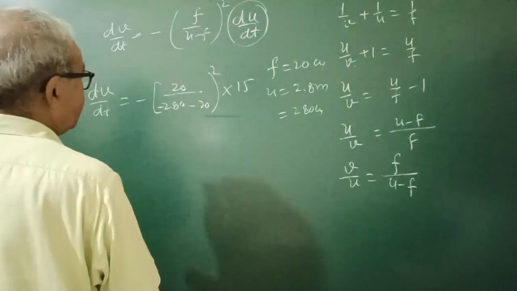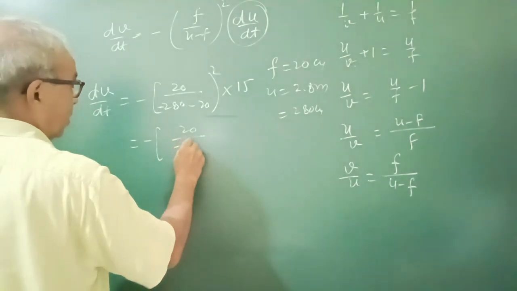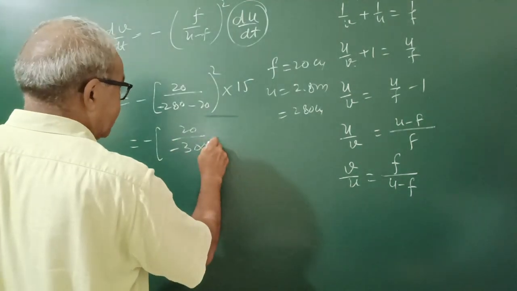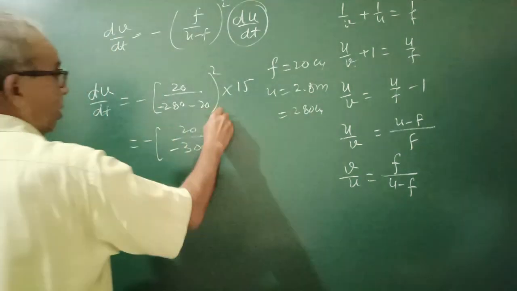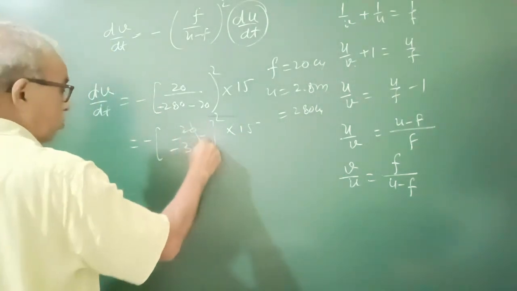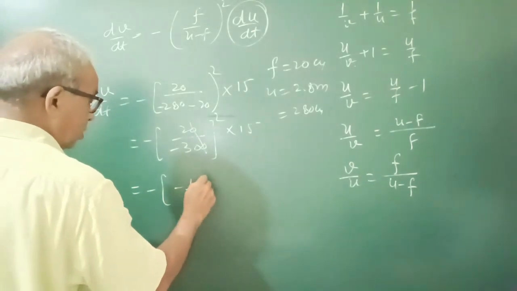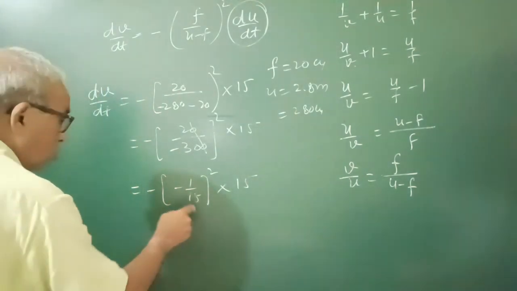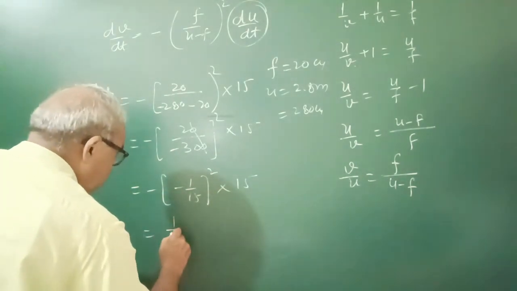So how will it come? Minus 20 upon minus 300, whole square into 15. Is it clear? So it is 1 by 15 whole square into 15. So it comes out to be minus 1 upon 15.